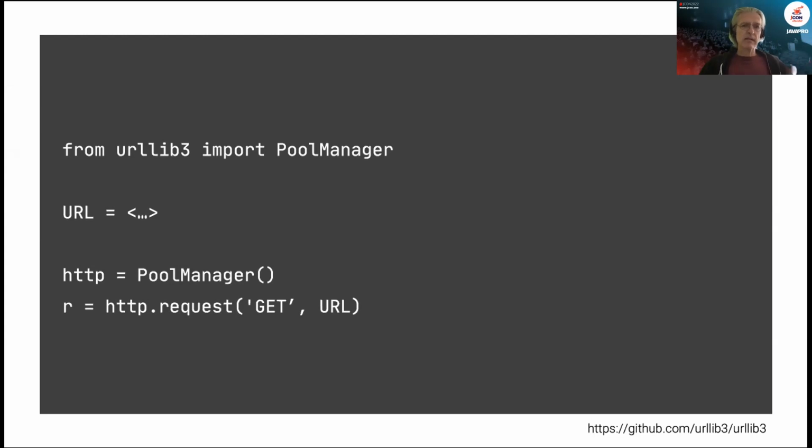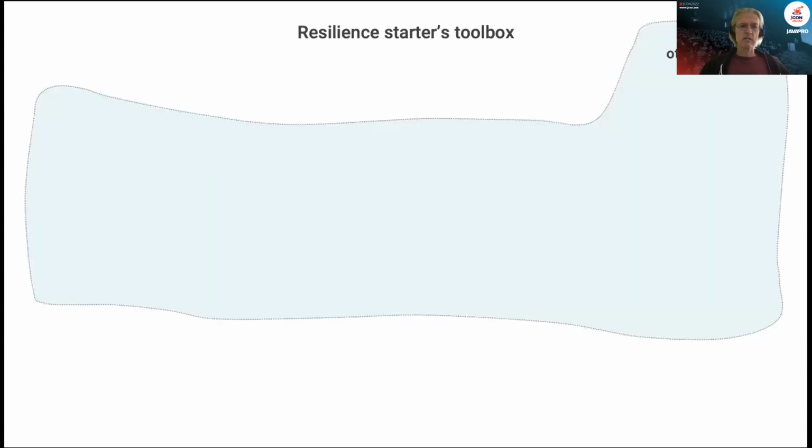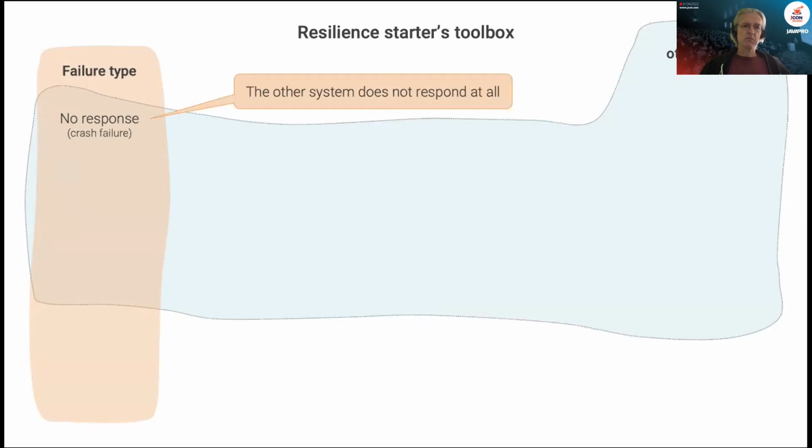Basically, we find code like that surprisingly often in our production systems. So if we have code like that, the first question is, what could go wrong? And I just used the failure types that we have seen before. For instance, I don't get a response, so the other system probably crashed.